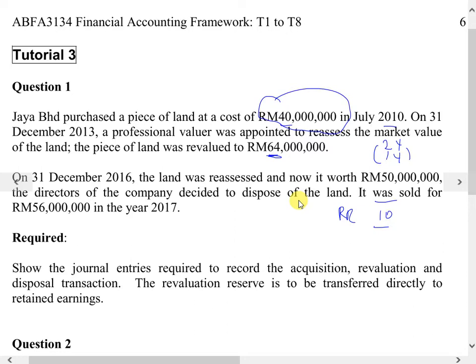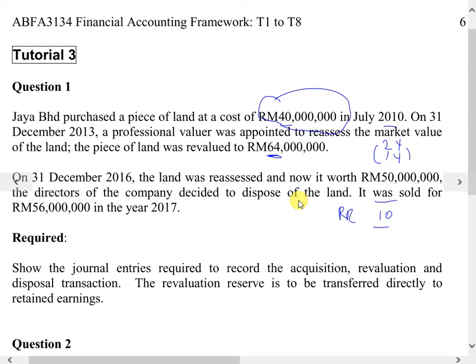From 40 up to 64, 24. Down to 50, RR minus out or plus? Minus 14. Left with how much RR? Left with 10. Can you see?